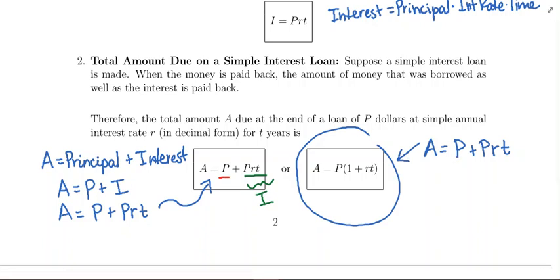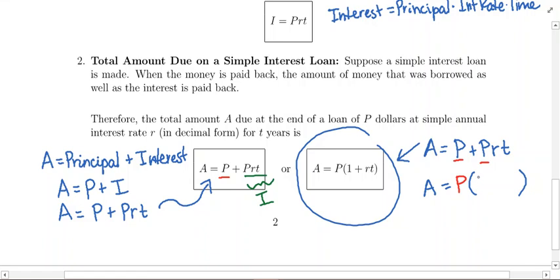Why? Well, if you notice, both pieces on the right involve a P. So all that is done is you factor out a P and you write what's left. If you factor out a P from the right side, that is going to give us 1 plus RT. And you can check by distributing.